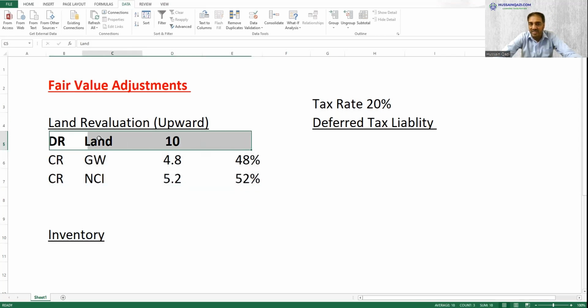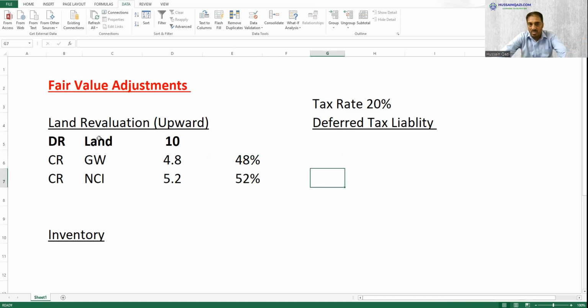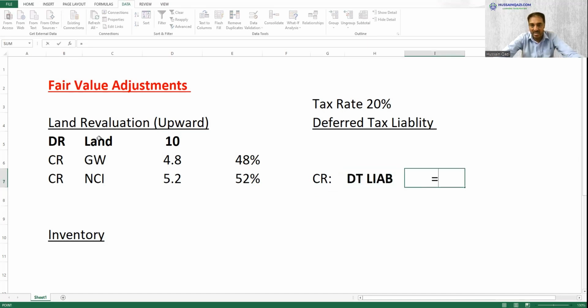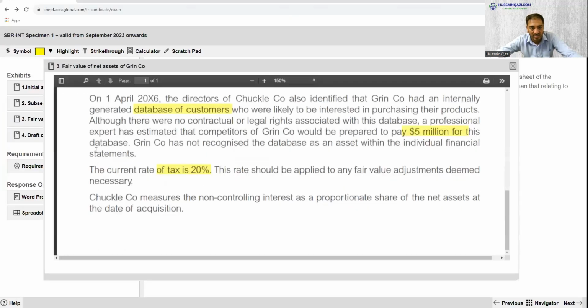If the land value increases by 10, this will be considered a temporary difference, resulting in a deferred tax liability. Credit deferred tax liability, and the liability amount is 10 into 20%. The rate of tax is 20%.